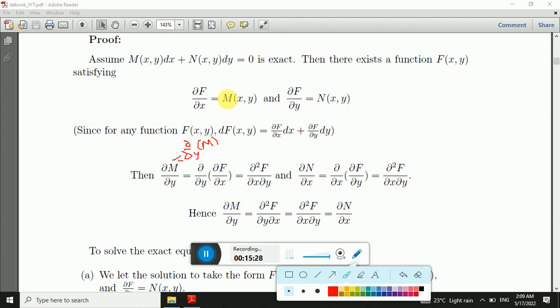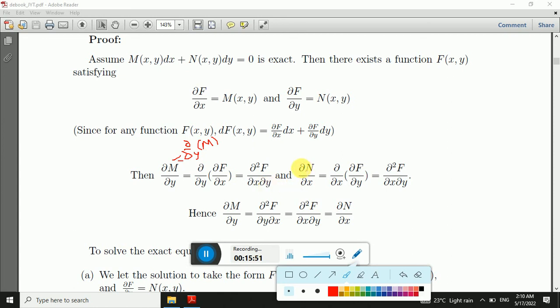We've said here that M is the partial derivative of f with respect to x. So we shall put this in here. That's why you have this step. And when you expand this, you get the second partial derivative of f, partial squared f over partial x partial y.